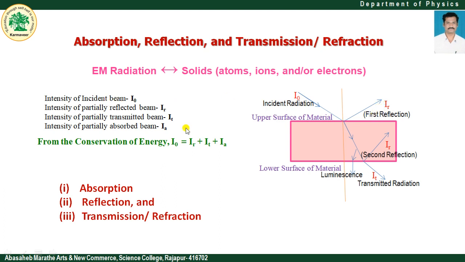Then from the conservation of energy, we have seen the equation I naught equal to IR plus IT plus IA, where I naught be the intensity of the incident radiation, IR be the intensity of partially reflected beam, then IT is nothing but the intensity of partially transmitted beam. Again, IA is nothing but the intensity of partially absorbed beam. Okay. Then from the conservation of energy, I naught equal to IR plus IT plus IA.